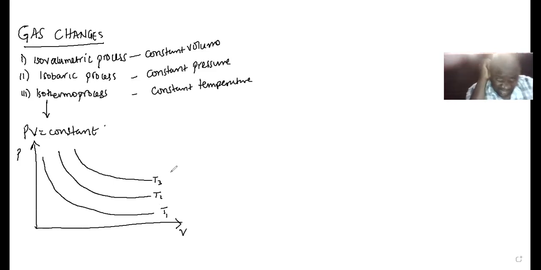Wherever you are along a given curve, the process is occurring at a constant temperature. On the curve at T3, T2 or T1, the temperature along the entire curve is the same. That is what occurs under an isothermal process.